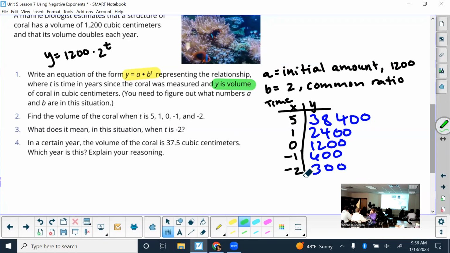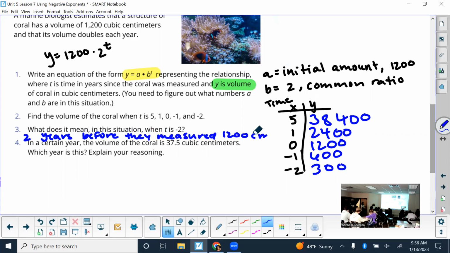So what could it mean if they say time is -2? Landon? Years before what? So 2 years before. Good. 2 years before they measured the 1,200 centimeters cubed. All right, that's what it means.